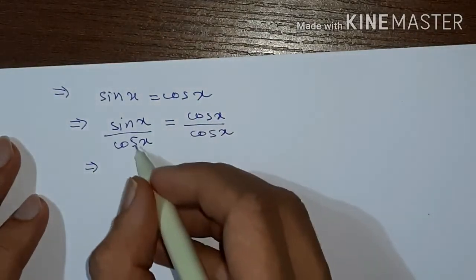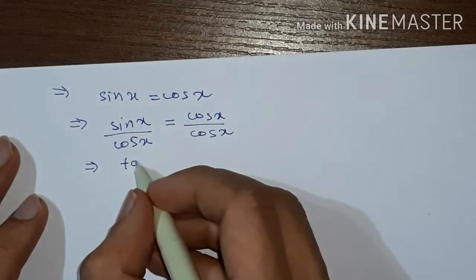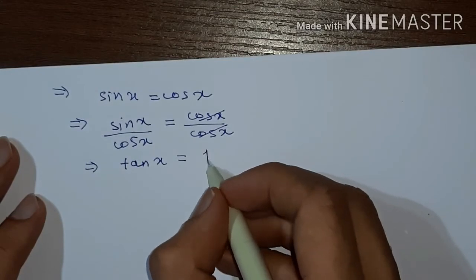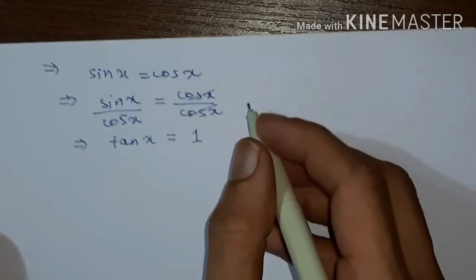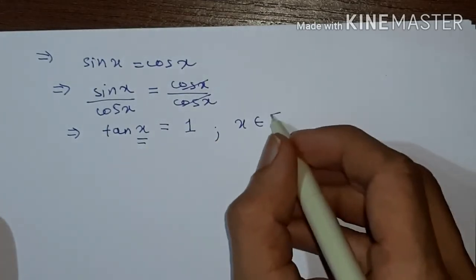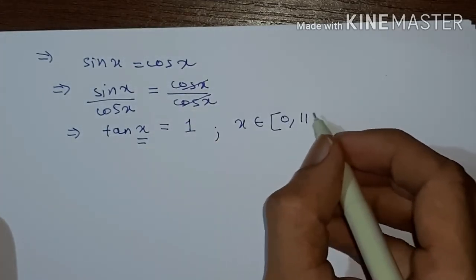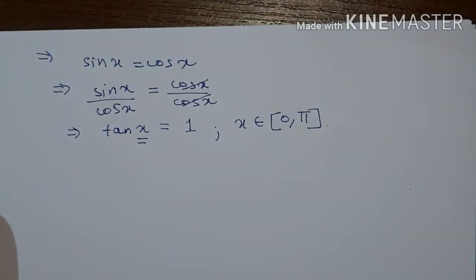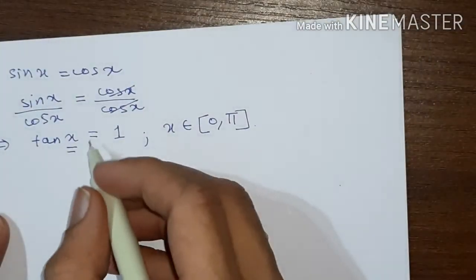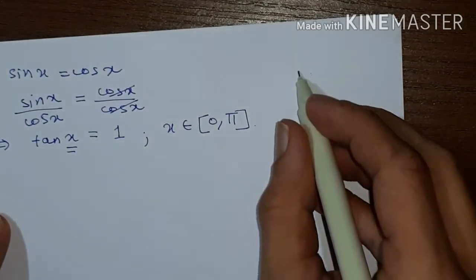So sin by cos is tan x, equal to, cos and cos get cancelled, you will get 1. Now this x belongs to 0 to pi, that is given. Now what you have here is tan x is equal to 1.